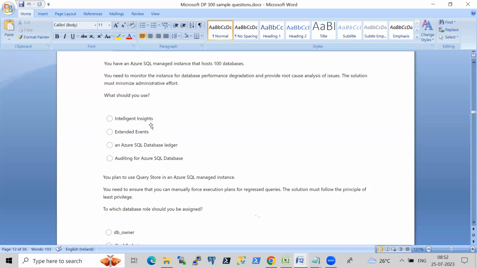What should be our option? Intelligent insights, extended events, ledger, auditing. Straight away, auditing is not for performance degradation, so I can ignore it. Ledger is for some different purpose, so I can delete that also. We are left with extended events and intelligent insights.